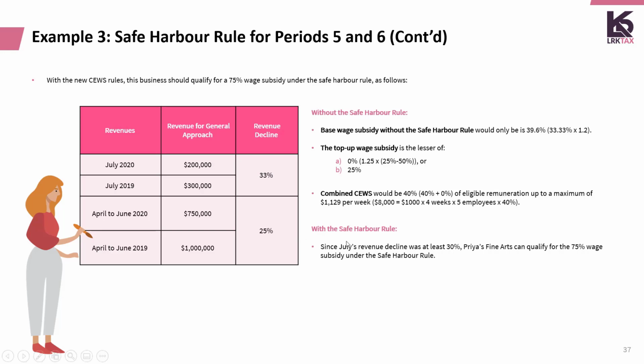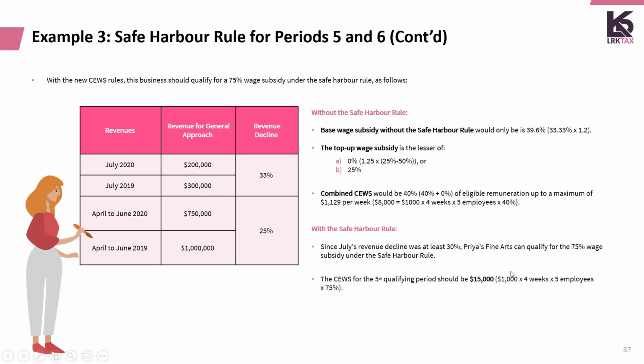And in this case, we would want to use the safe harbor, because again, for periods 5 and 6, there's a safe harbor concept where it allows you to borrow from the old legislation for those periods to compute CEWS under the old legislation. So in this particular case, it would make more sense to use the safe harbor rule, because you're getting 75%. Whereas if you don't do it, you're only getting 40%.